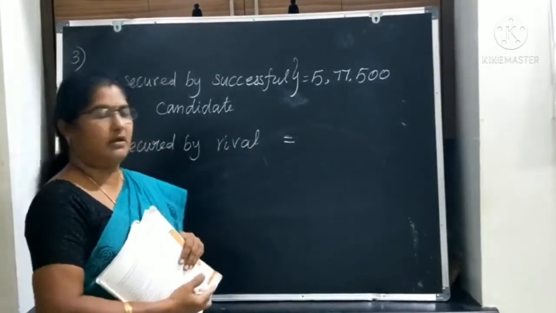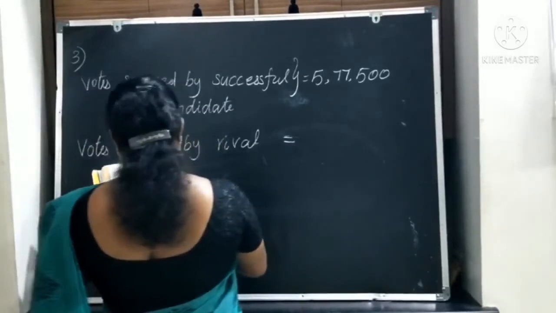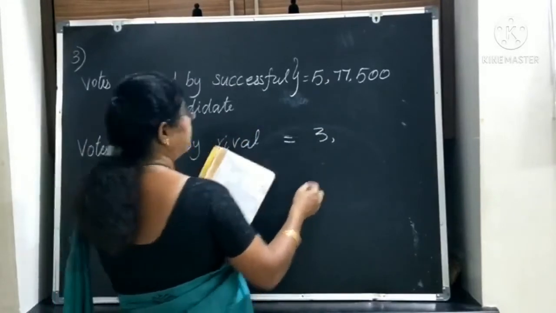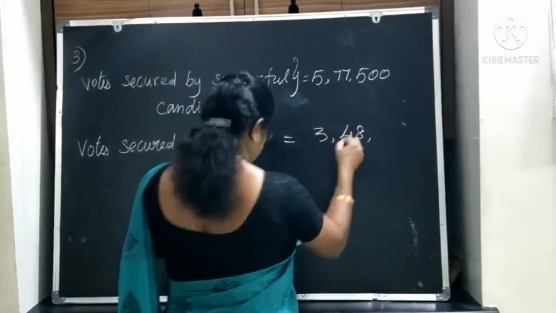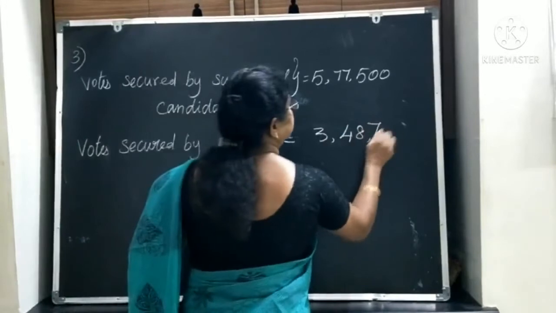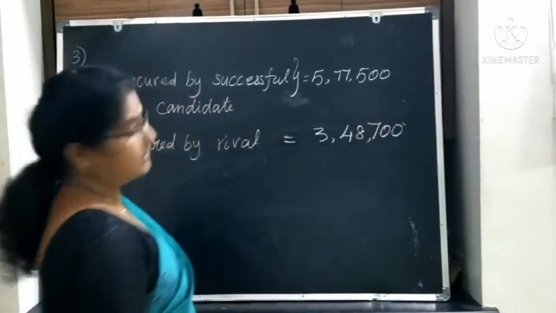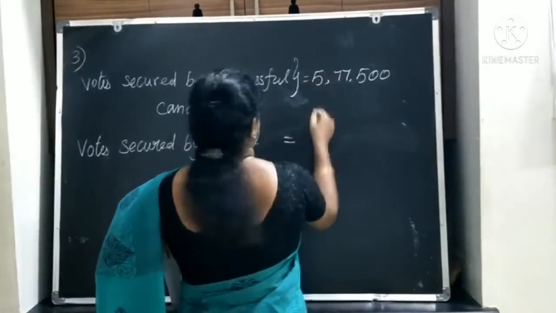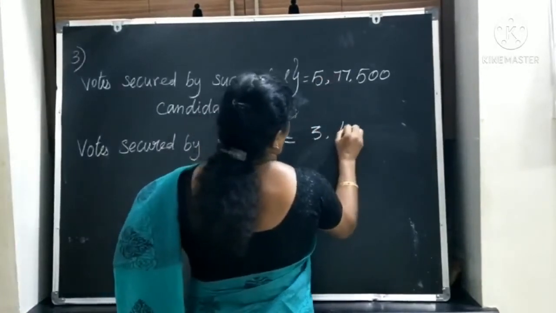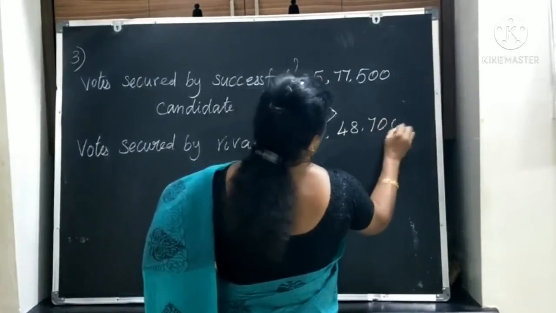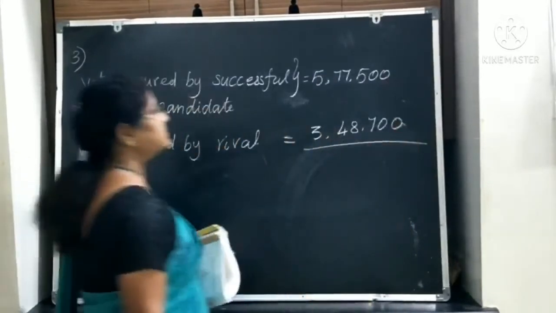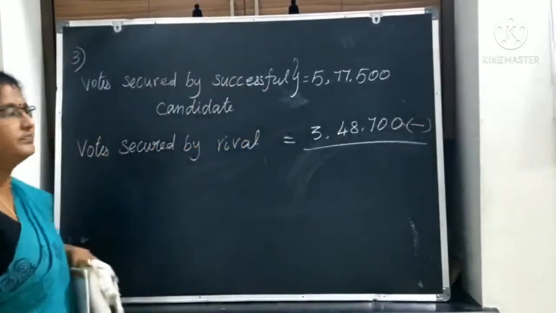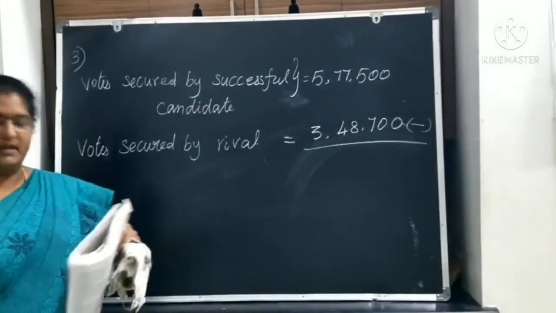That is the margin. Okay, so this is 3,48,700. Here, what margin did he secure?